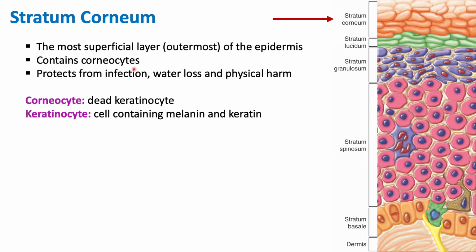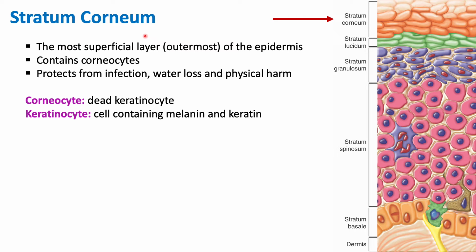We can remember the term corneocyte because it sounds very similar to the level we are at, which is corneum. So, a corneocyte is essentially a dead keratinocyte. Now, we'll get into more details about where these keratinocytes come from, but for now, all we need to know is that a keratinocyte is a cell containing melanin and keratin.